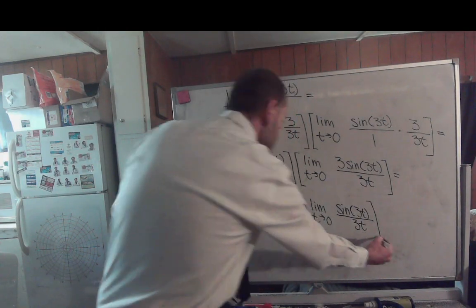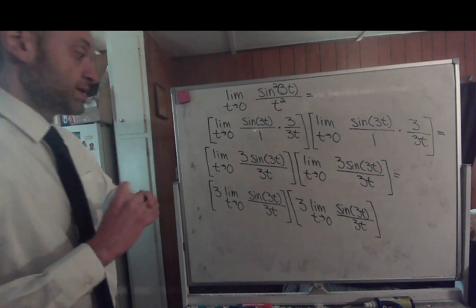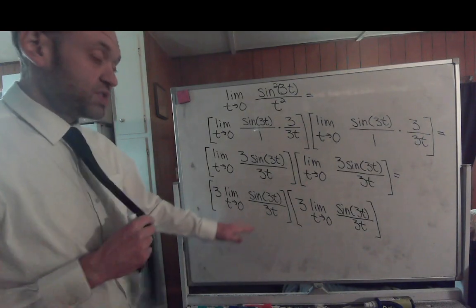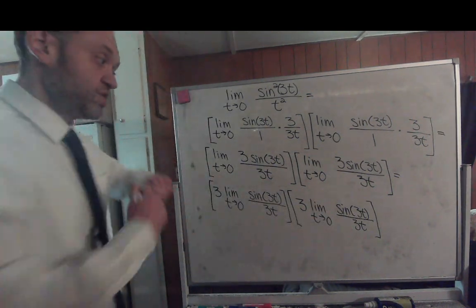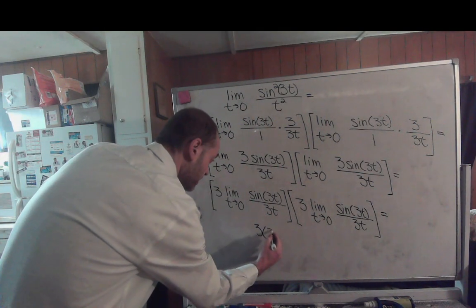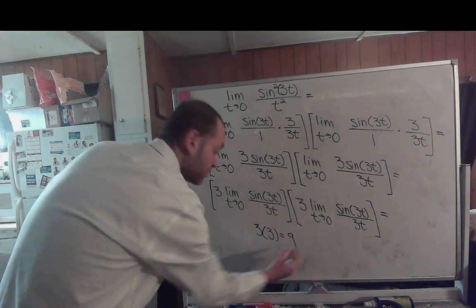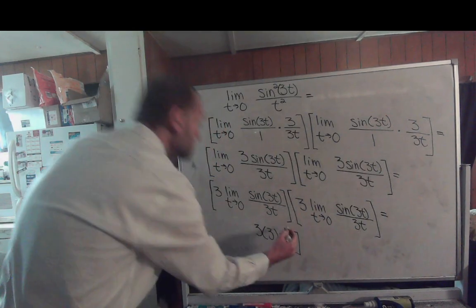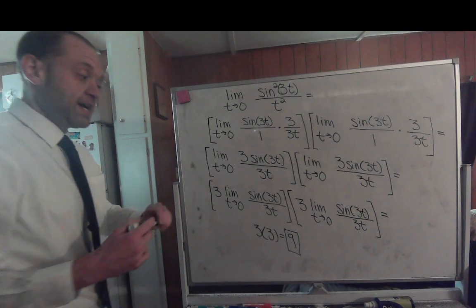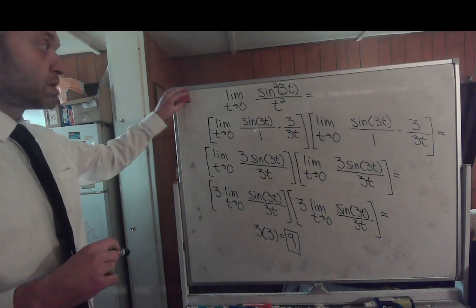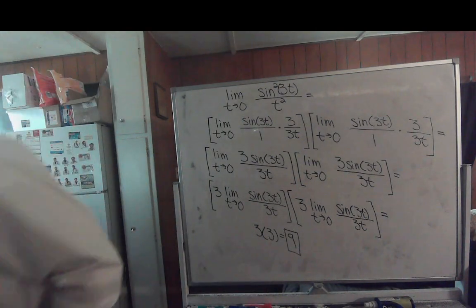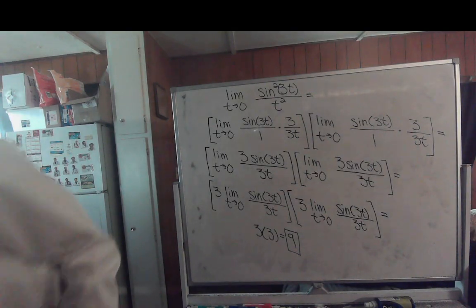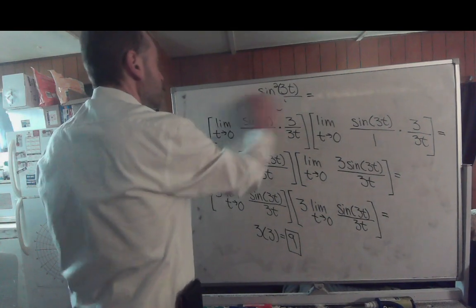And now notice we have two forms we can work with. The limit as t approaches 0 of sine of 3t over 3t is going to go to 1 for each of these. So you're just left with 3 times 3, which is going to give you a limit of 9. So this limit actually goes to 9. We did all that work just to get to 9 for our limit. Alright, let's do another here.